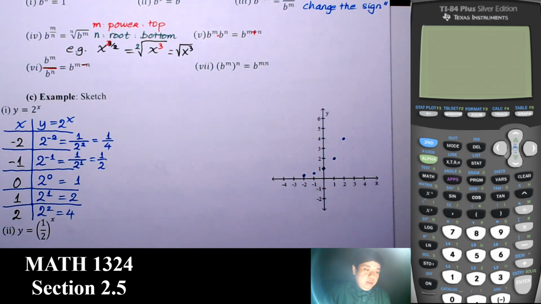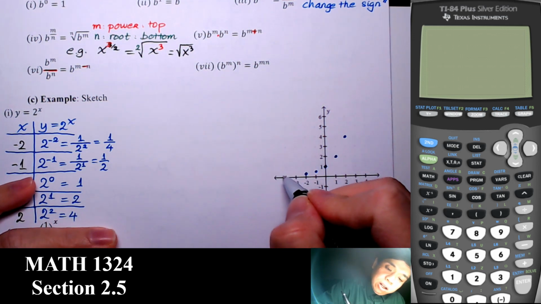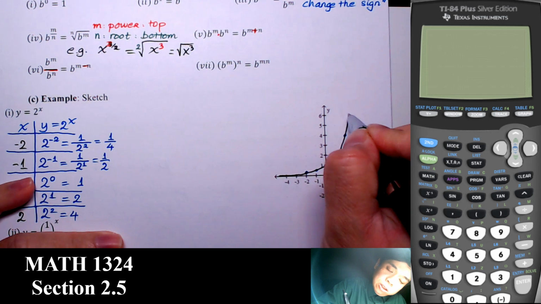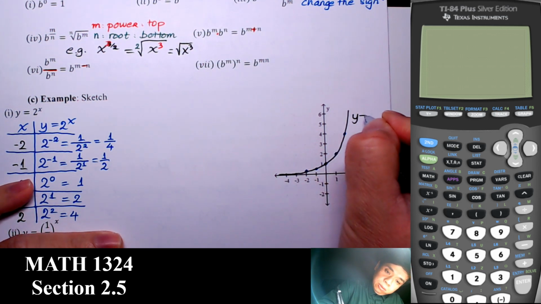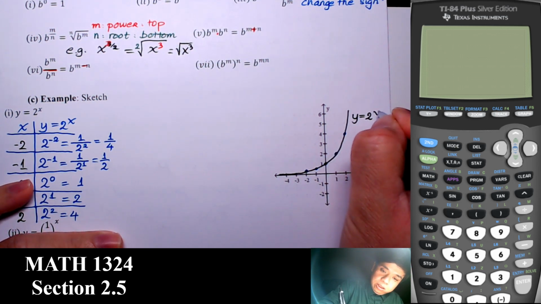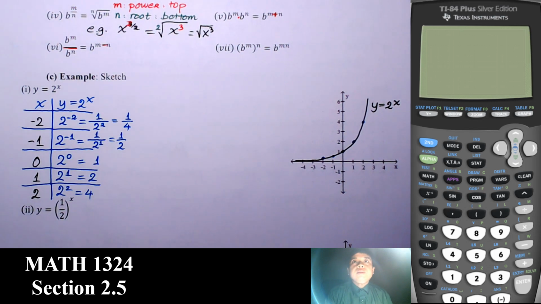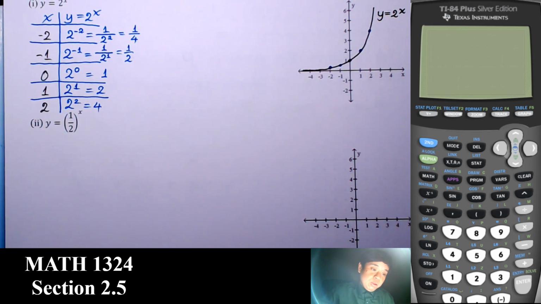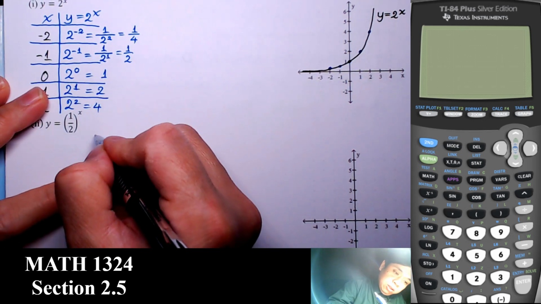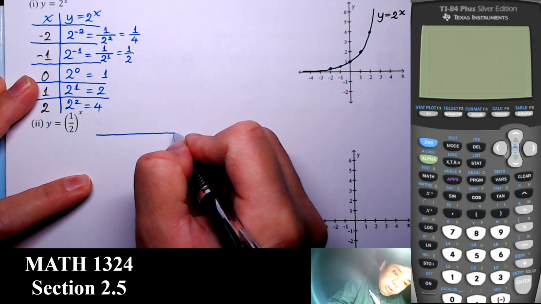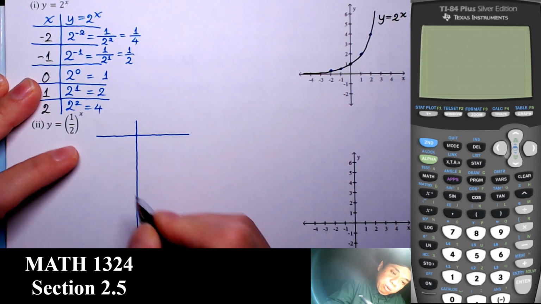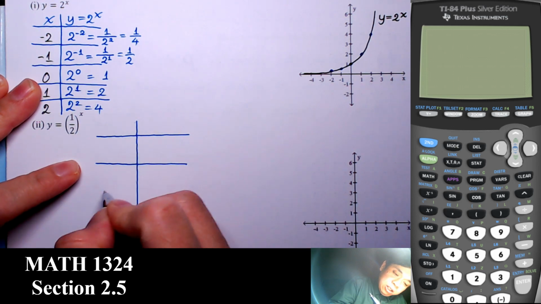If we connect them, we have the graph of the exponential function 2 to the x power. Let's try that again for y equals 1/2 to the x power. I'll write a little more space for that fraction.